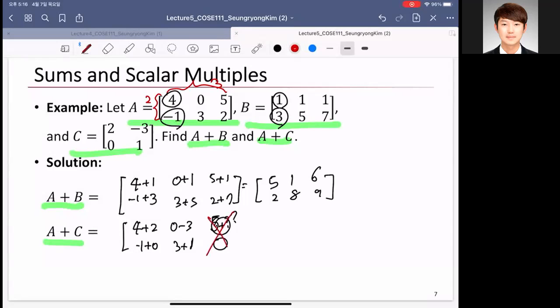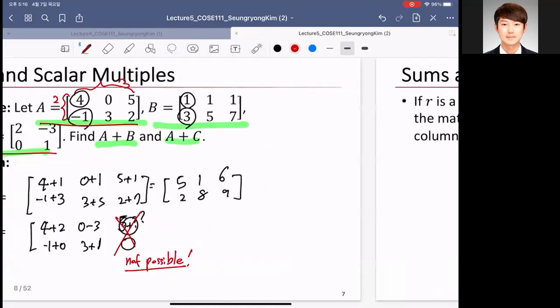It's not possible, right? It's not defined, because the size of matrix A and the size of matrix C are different, so we cannot compute A plus C. This is one example.